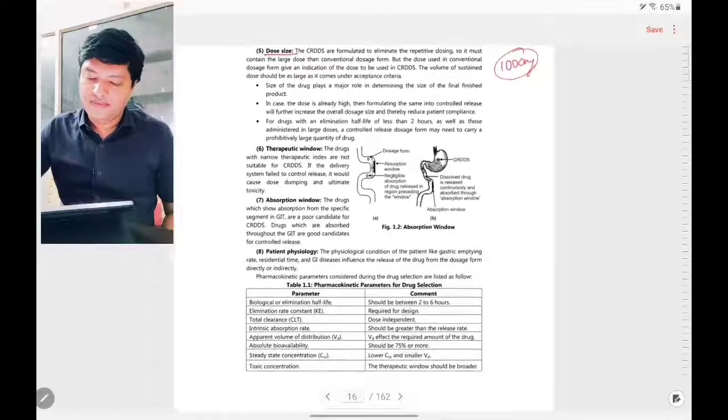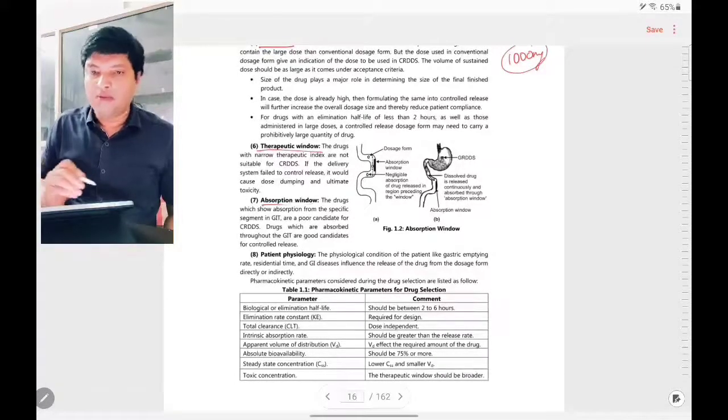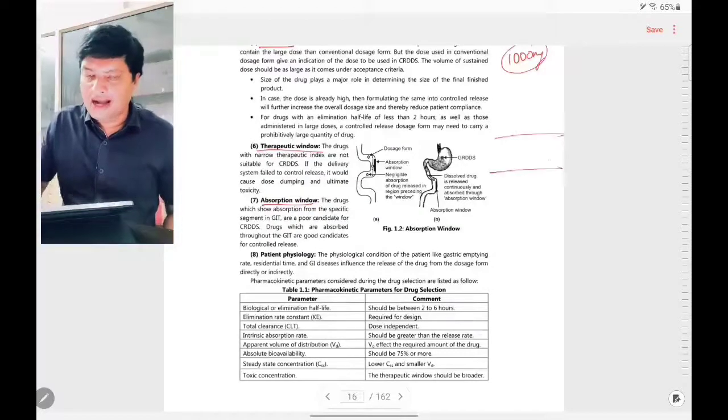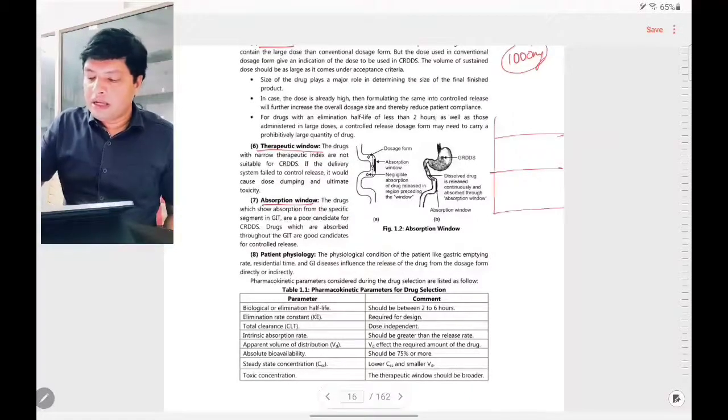Then therapeutic window, and you have absorption window. The therapeutic window is the range between the minimum effective concentration and the maximum toxic concentration.